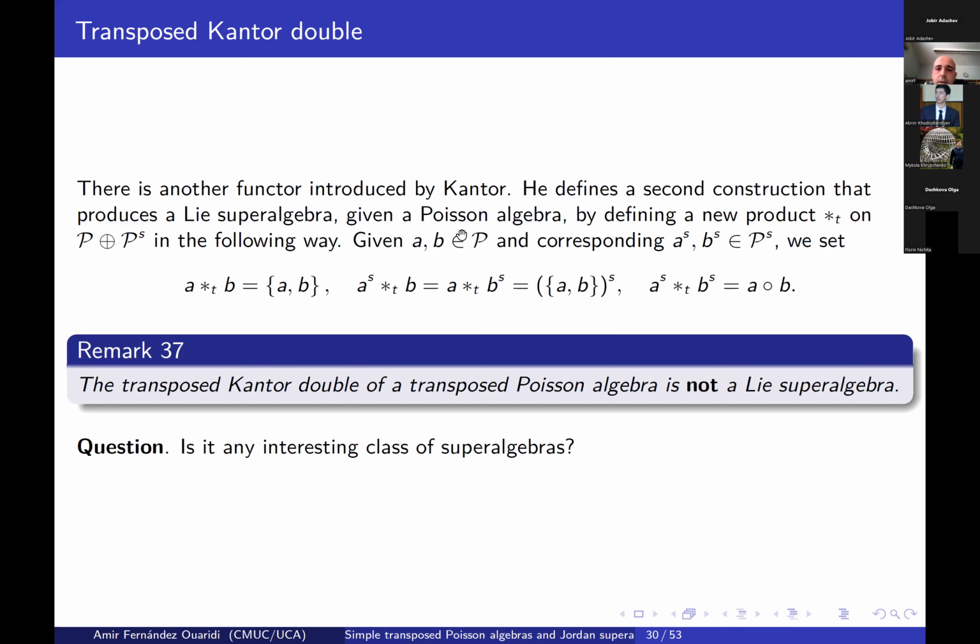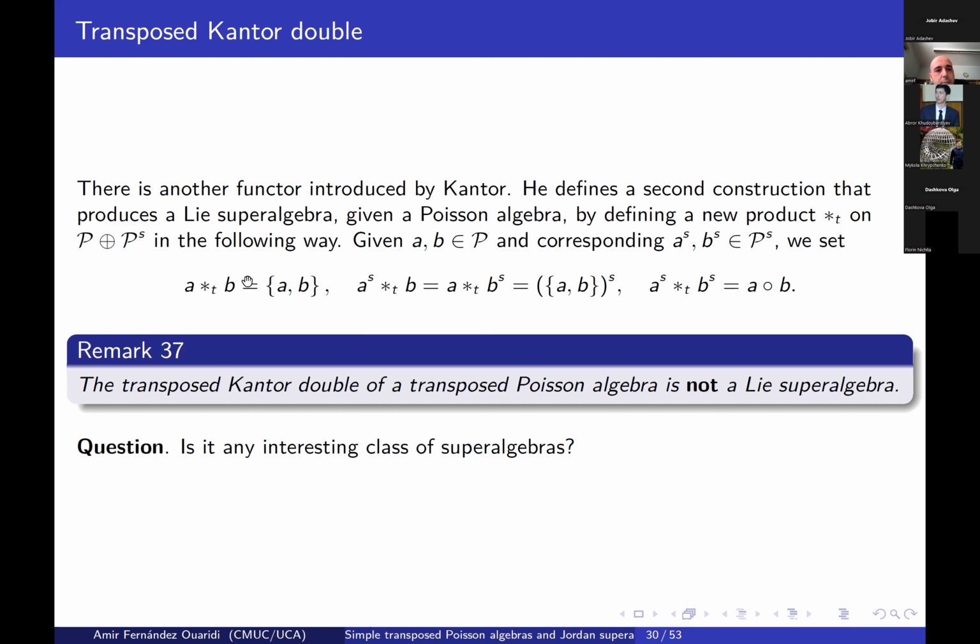He takes two elements in P and their corresponding copies in P with S, and sets the multiplication star T to be exactly the transpose of what he does in the normal double.